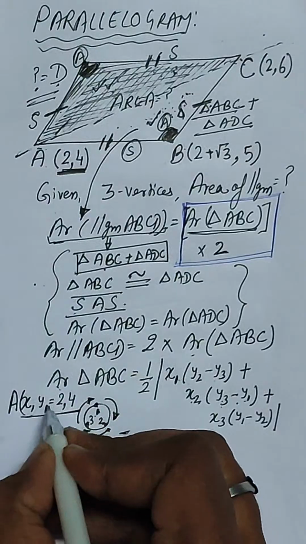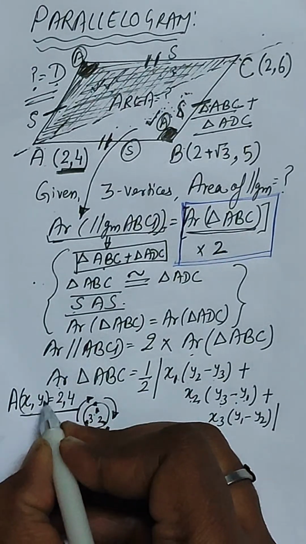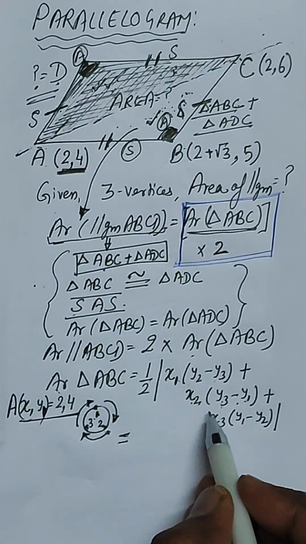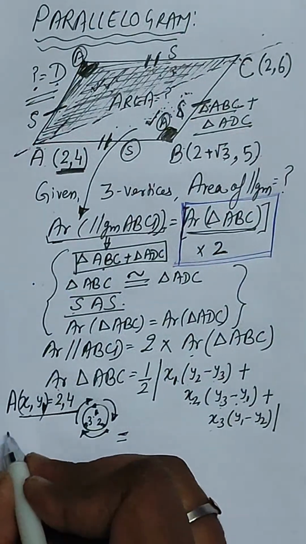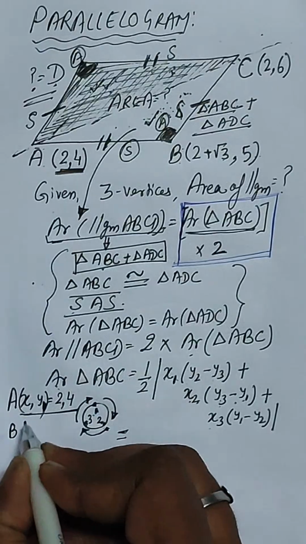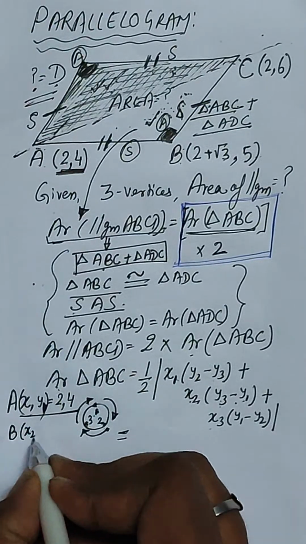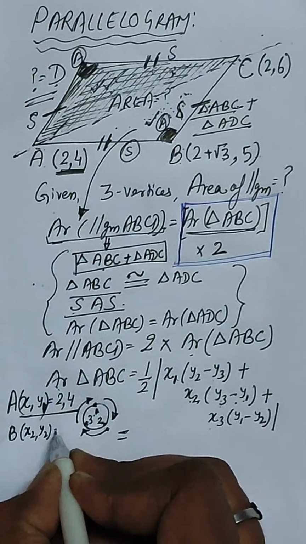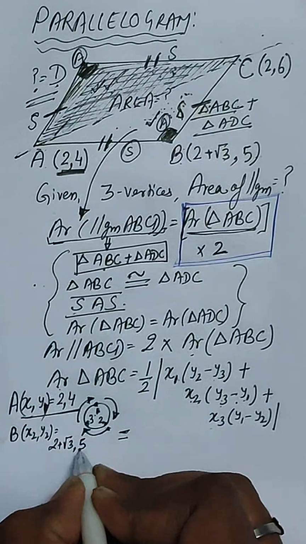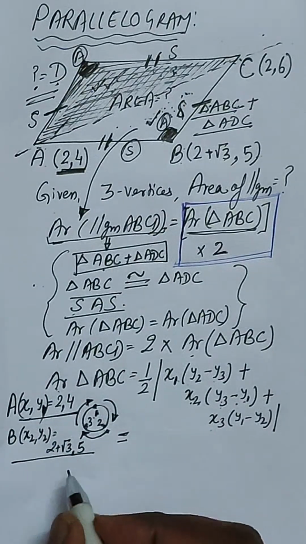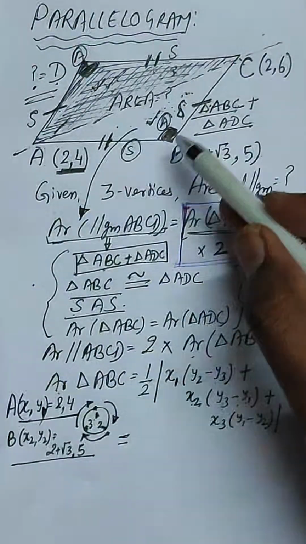For B, where we have x2 and y2, it is 2 plus root 3 and 5. I am writing again over here so that you can correlate the coordinates.